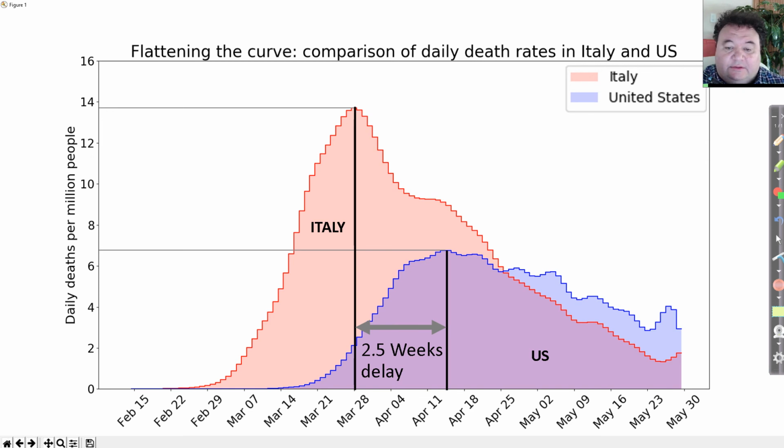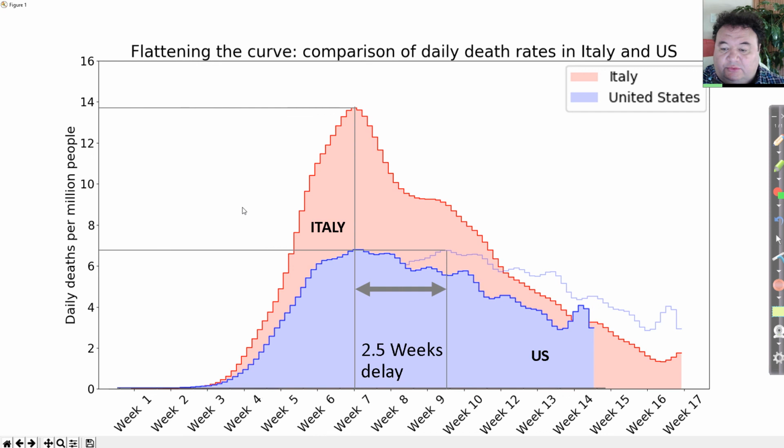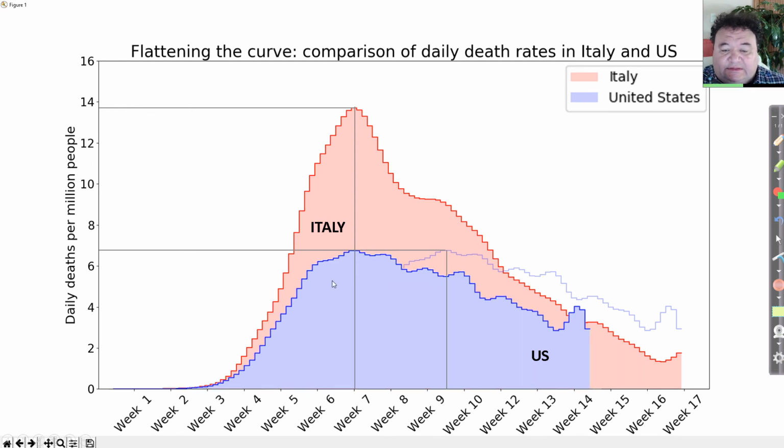So to make the two visualizations and the histograms better comparable, we can shift the data by 2.5 weeks, and then we get histograms that are now better aligned. And so we have, as expected, something that is flattening the curve. Now the slope in Italy is going down much more rapidly.